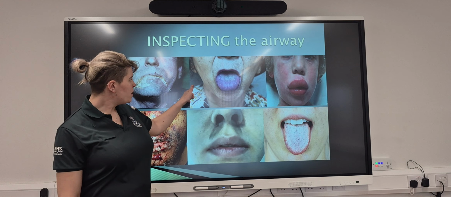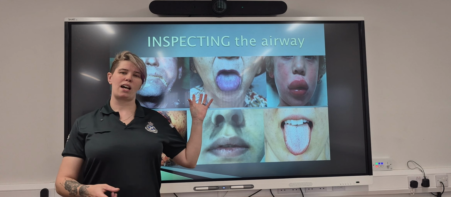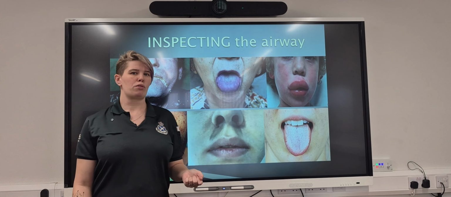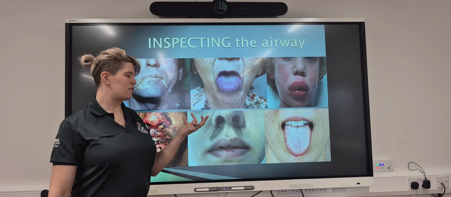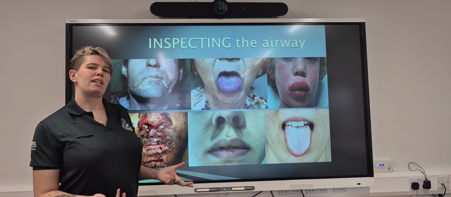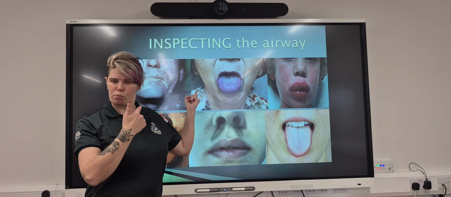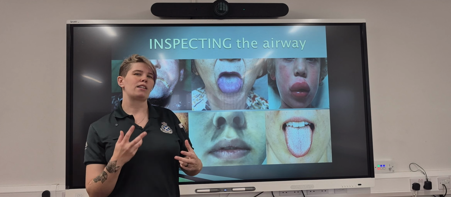I don't know how well you can see that, but this is an indication of someone who has got cyanosis or hypoxia. So you walk into a room and check for danger, you've done a response, you've considered your catastrophic bleed. When you start speaking to that individual, and the first thing you see is this blue tinge around someone's lips, you're already starting to think, okay, are they getting enough oxygen?